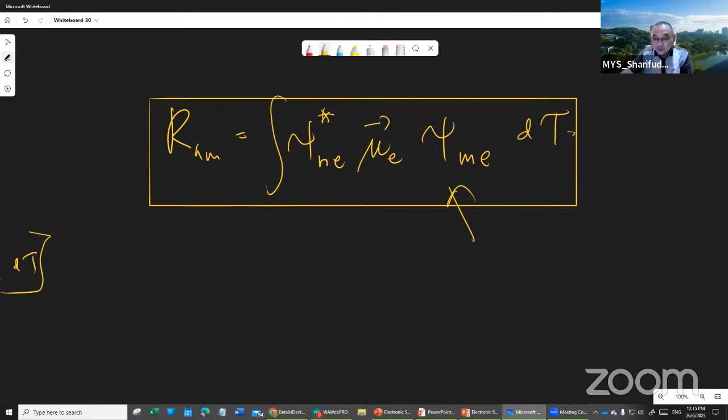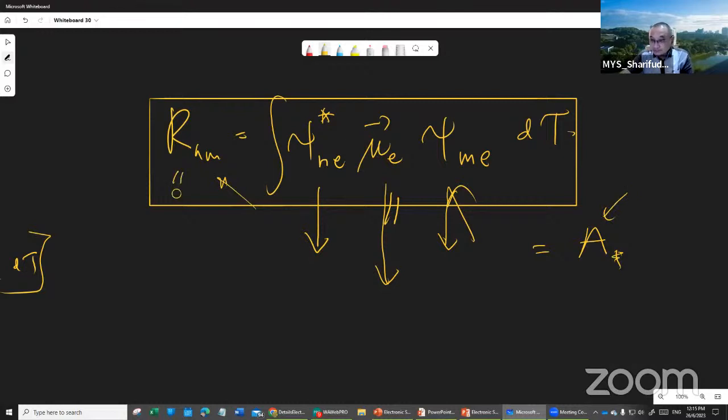But what we're going to do here is find a way to evaluate R and M. In order to evaluate R and M, we have to take the symmetry of psi n E, the symmetry of mu E, and the symmetry of psi m E, multiply them together, do a direct product, and if the direct product contains a totally symmetric representation A, then R is non-zero. But if there is no totally symmetric representation, that means R is equal to 0.